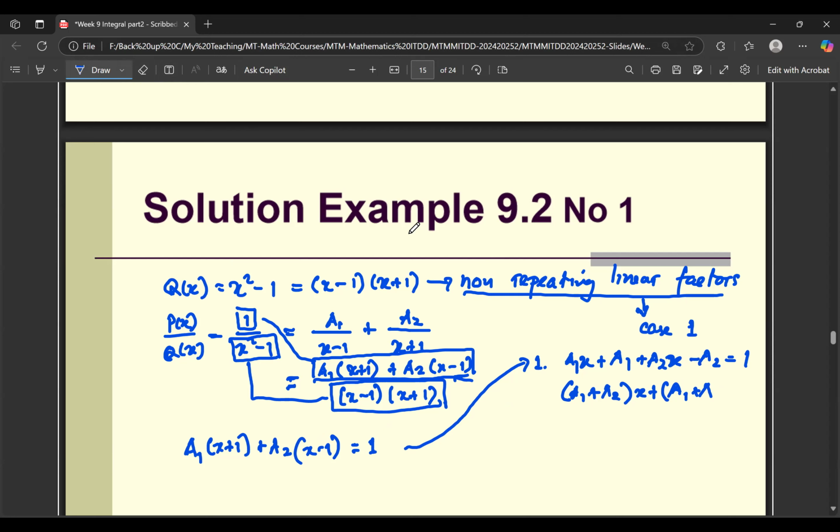On the right, we have only a constant, while on the left we also have a constant, but we also have a factor in x.